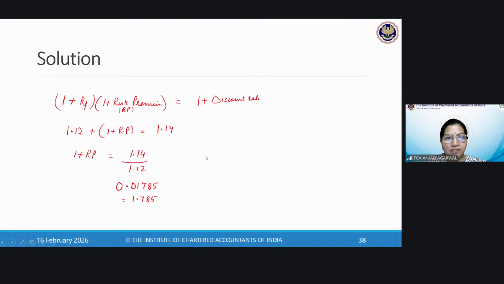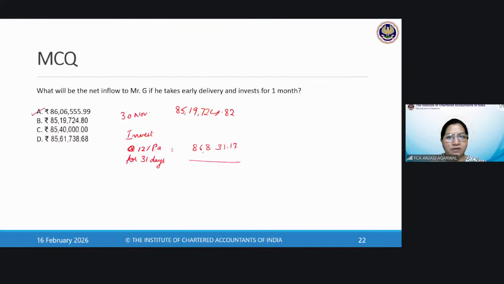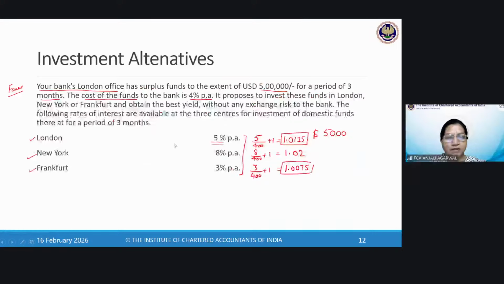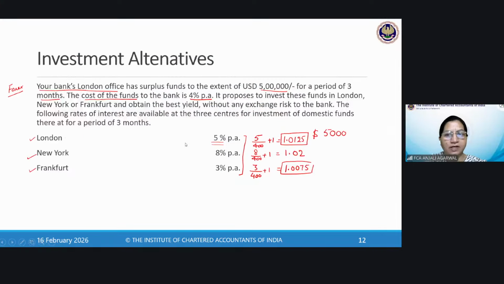Team, I'll utilize the remaining time first to take up the MCQs that I was dealing with you, and I had left the answers incomplete because I was constrained for time. So we'll complete the final calculations on this. So London office 5,000.